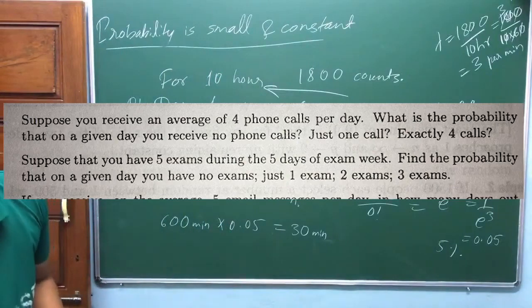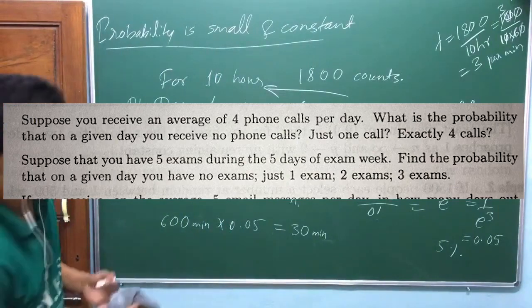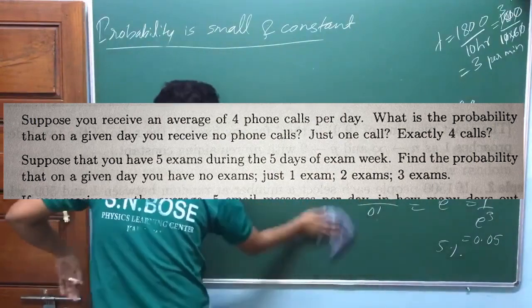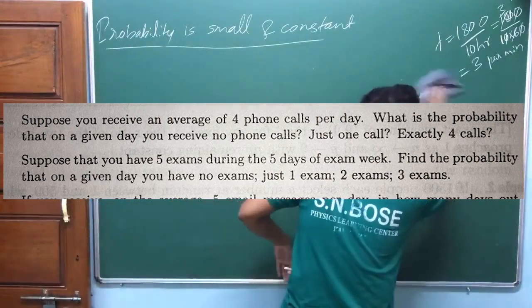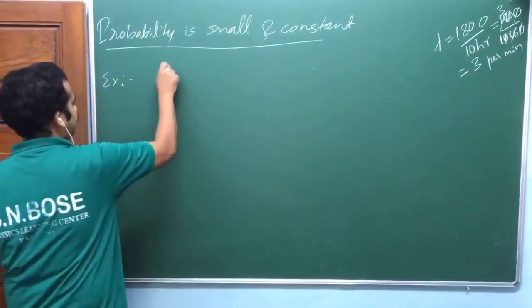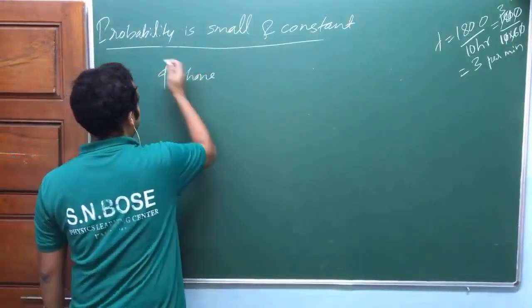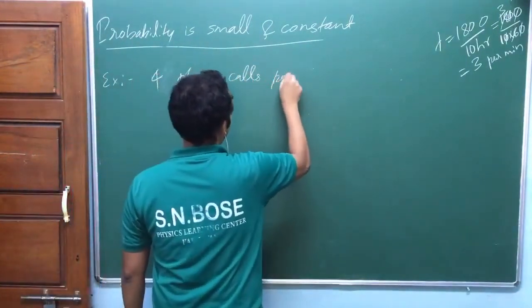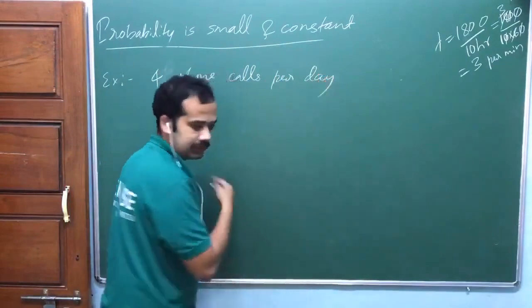Suppose you receive an average of 4 phone calls per day. Write it down. Four phone calls per day, so lambda is given.